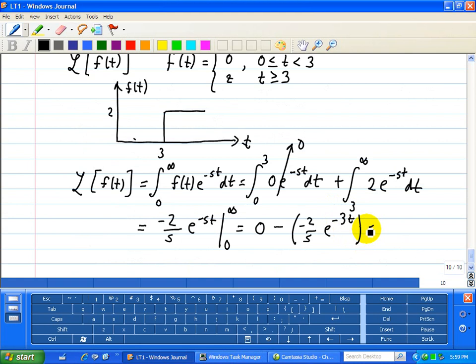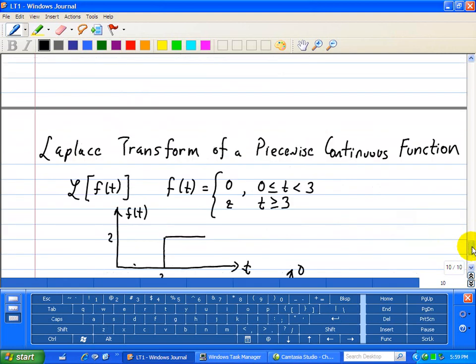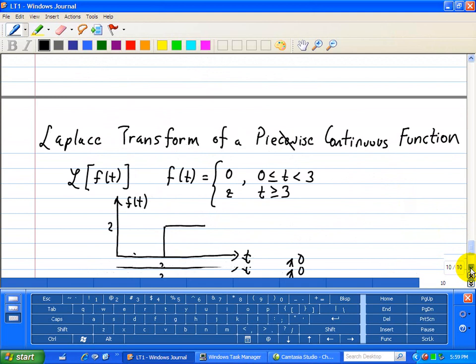And completing this is just 2 over s e to the minus 3s for s greater than 0. So that's the result of the Laplace transform of a piecewise function.